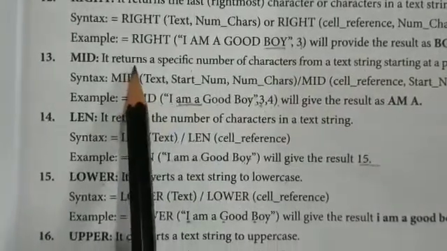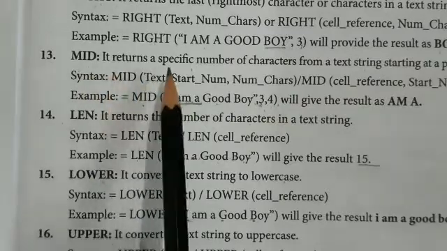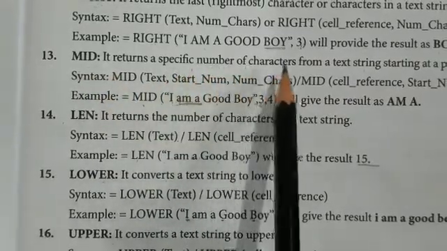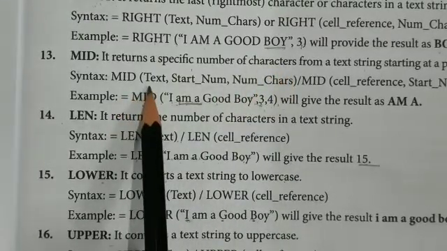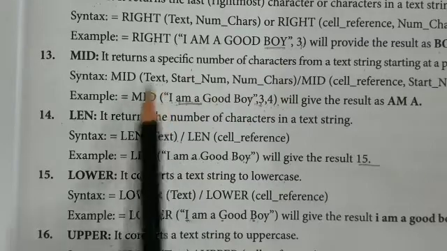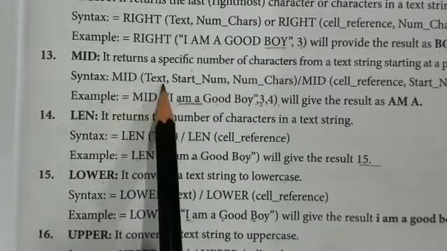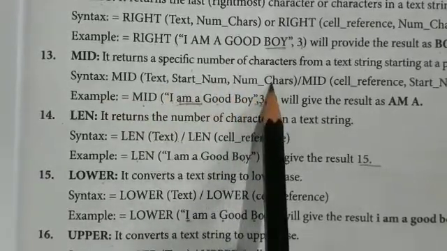The next string function is MID. It will return a specific number of characters from a text string starting at a position you specify, that is from the position we want it will return the number of characters in a given string. So equals MID, then text, then start number, then number of characters.